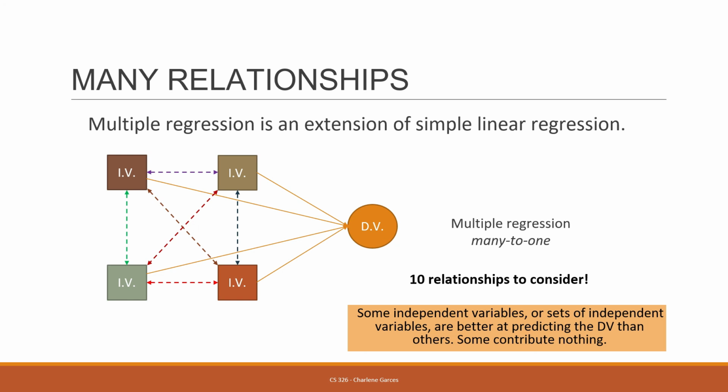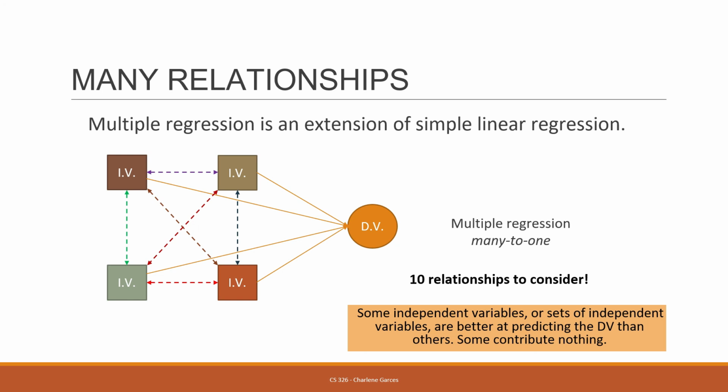Some contribute nothing. So, as we discussed earlier, you have to make sure that all the independent variables that you are proposing as variables of your study are related to each other, but not totally.